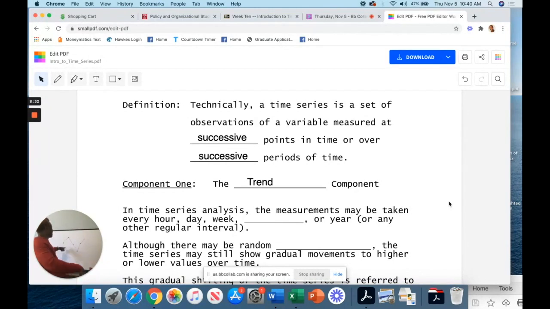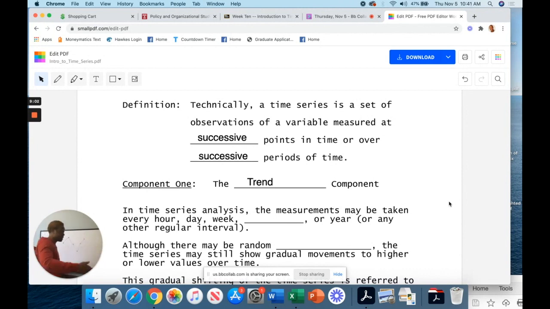But here, this could be January, February, March, April, May, June. This could be years, 2016, 17, 18. But notice that they're successive, one right after the other. 1 o'clock, 2 o'clock, 3 o'clock, 4 o'clock, right? The thing that we're measuring has something to do with a notion of time, whether it's months, days, hours.